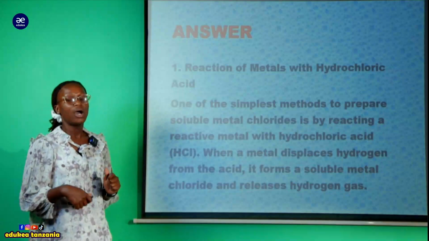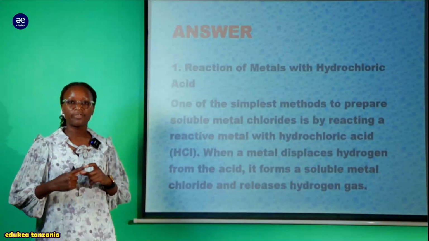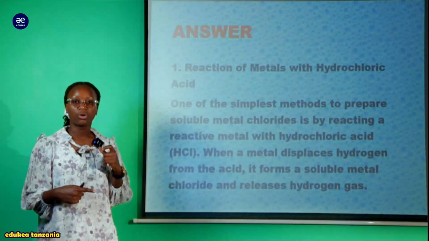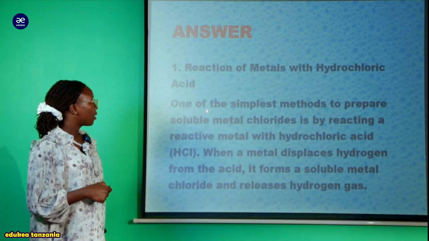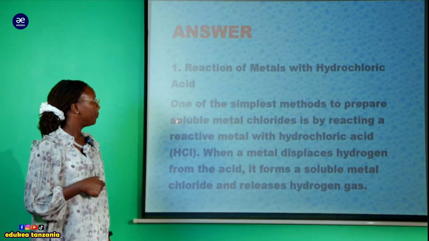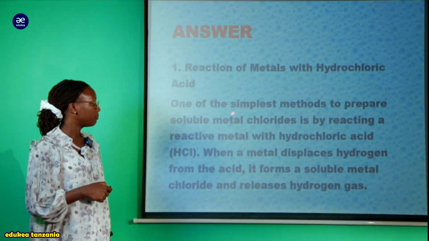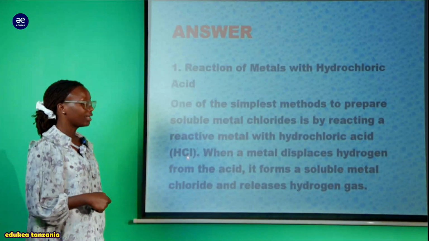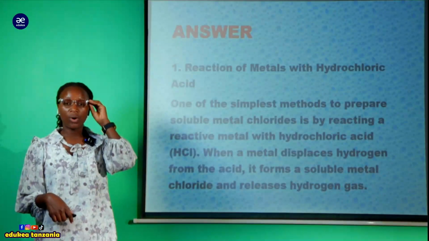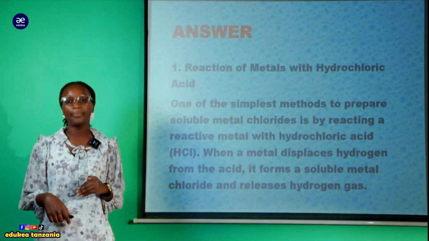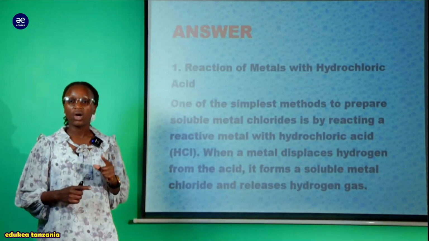So here kumbe tunaweza tukachukua reaction kati ya metal na hydrochloric acid tukafanya preparation ya metal chloride compound in the laboratory. Anasema kwamba one of the simplest methods to prepare the soluble metal chloride is by reacting a reactive metal with hydrochloric acid. Kwa hiyo hii ni very simple method ambayo ni very easy to employ in the laboratory.